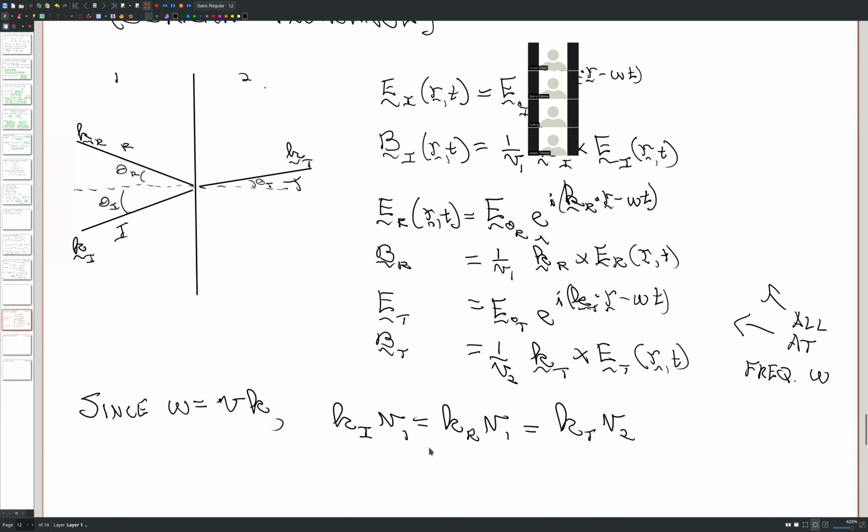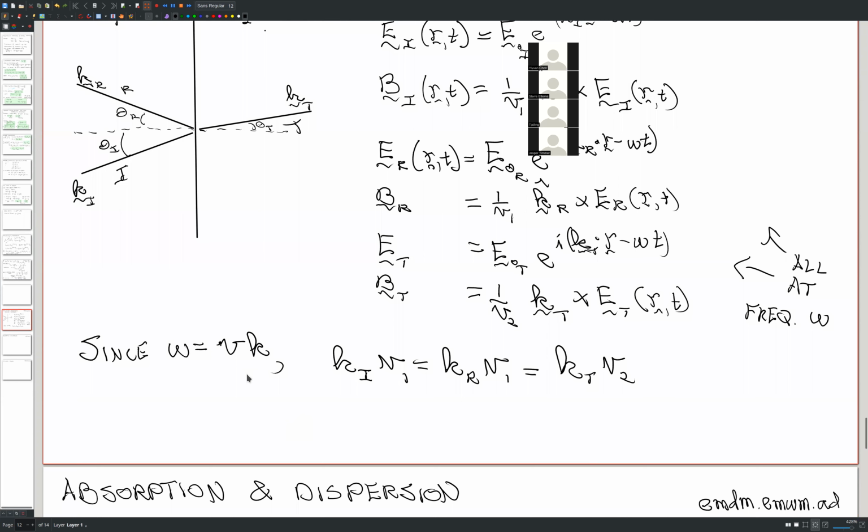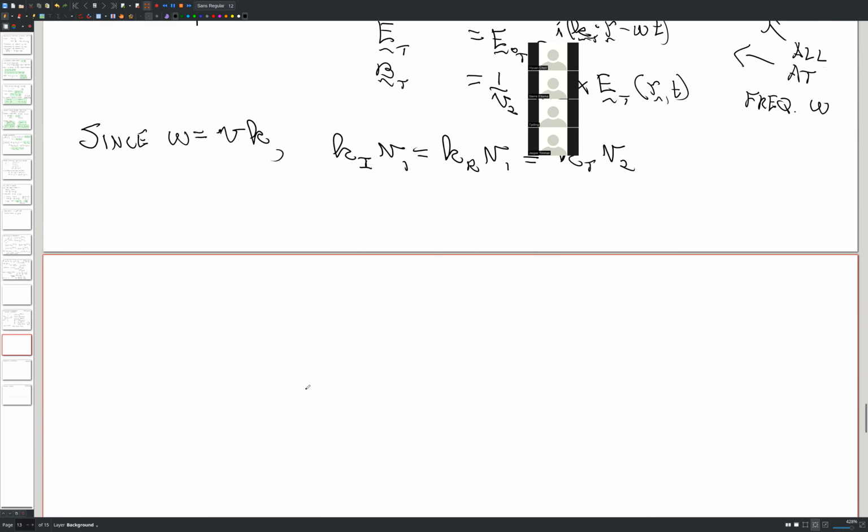Immediately from this, we have that k incident is equal to k reflected. Again, these are amplitudes, the modulus of the vectors. And this one is just the ratio: V2 over V1 k transmitted.